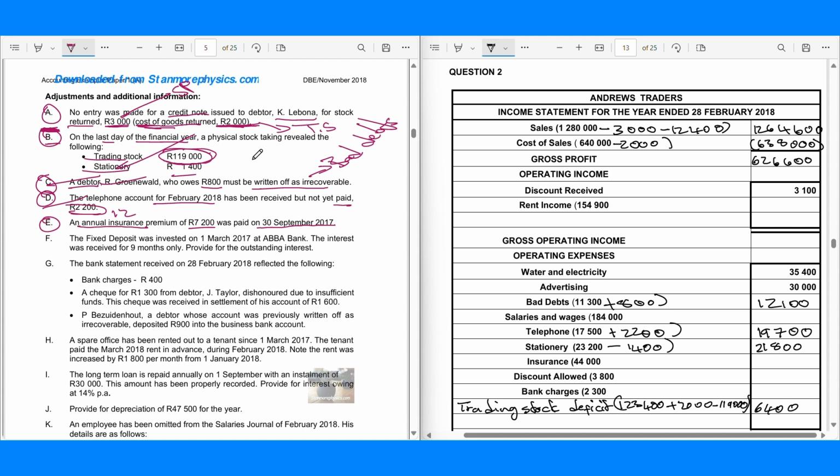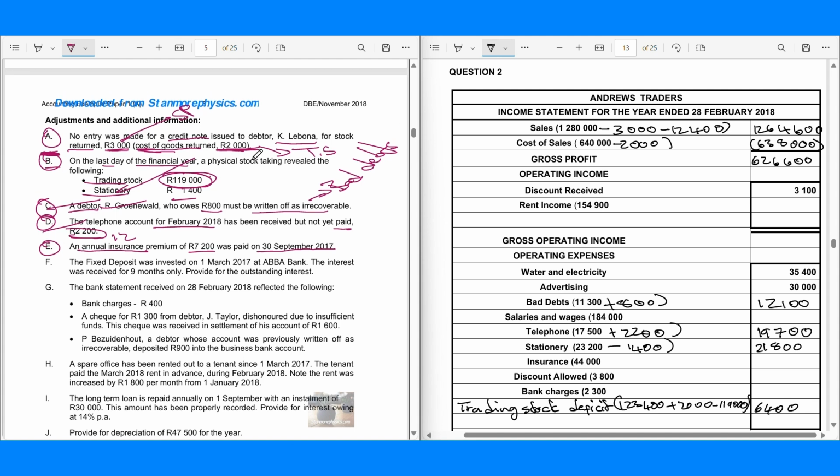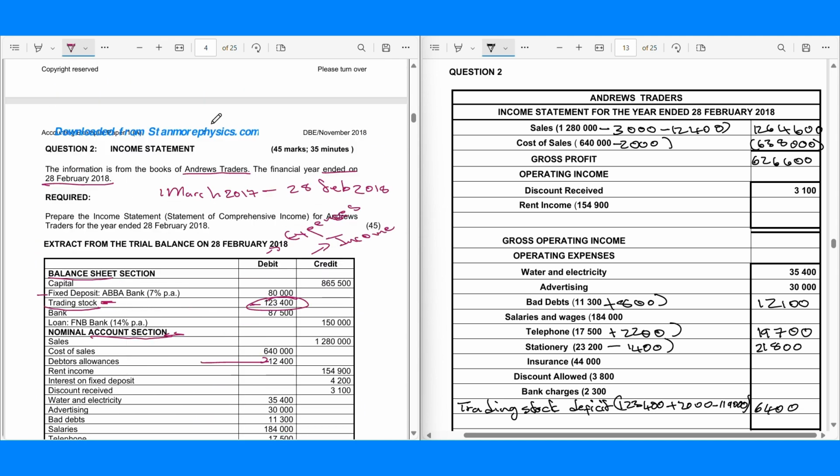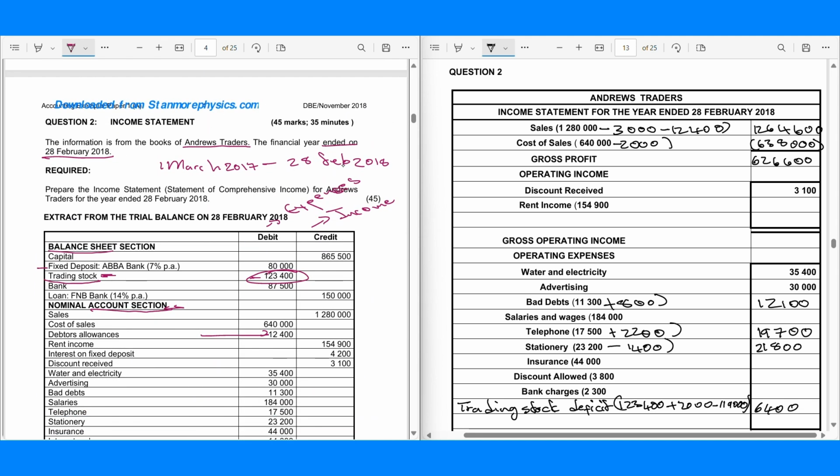Remember our financial year starts on 1 March 2017 and ends on 28 February 2018. They are saying it's annual, meaning that this 7,200 covers from 1 March 2017 to 28 February 2018.